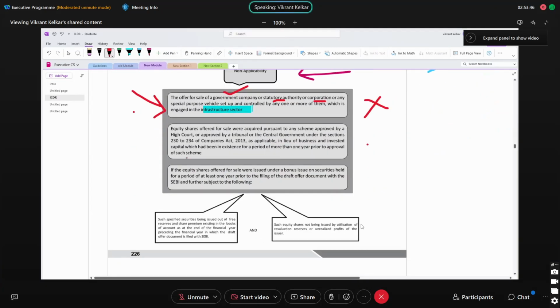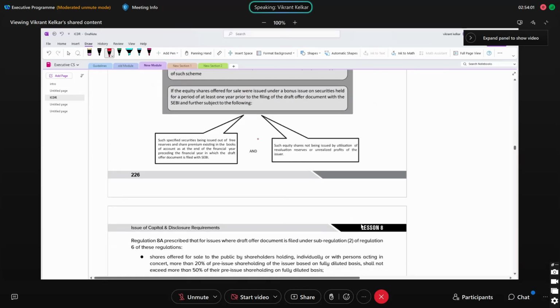Second, equity shares offered for sale were acquired pursuant to a scheme approved by the High Court and so on. So if the purchase of shares itself is through the order of the court and now you are selling, then the provisions are not applicable to you.